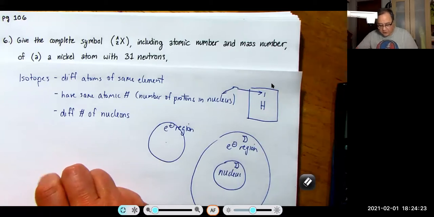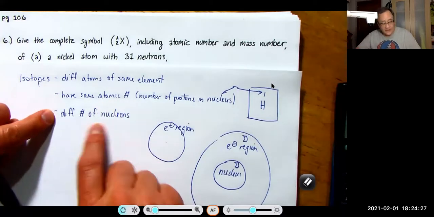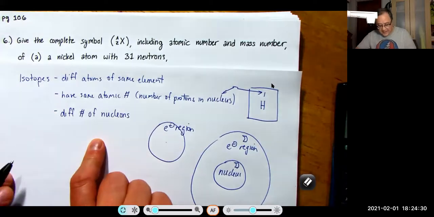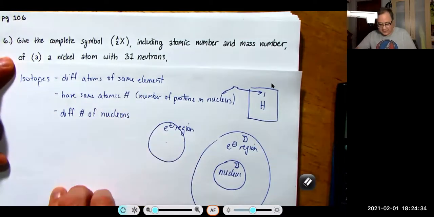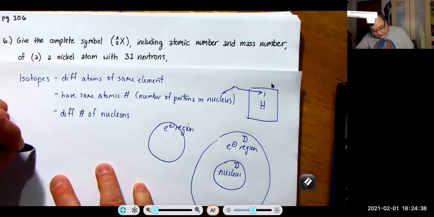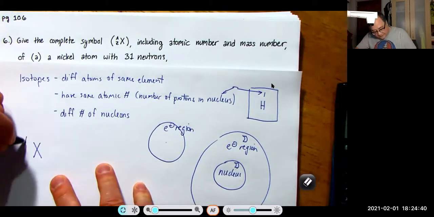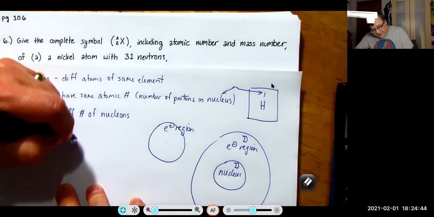Okay, so isotopes have the same atomic number, different number of nucleons, and they're of the same element. Okay, so the symbol you write for isotopes is as follows. Now, A is the mass number.